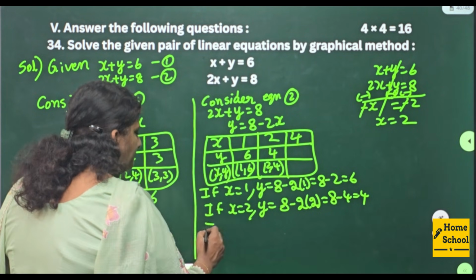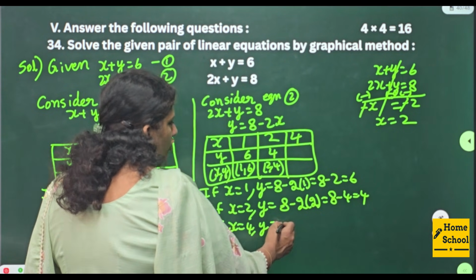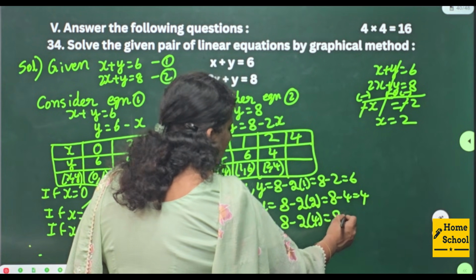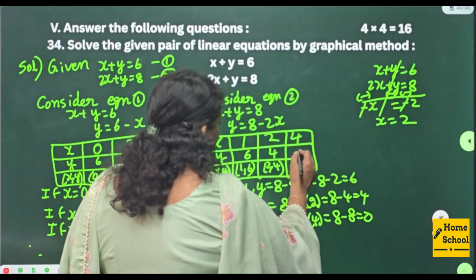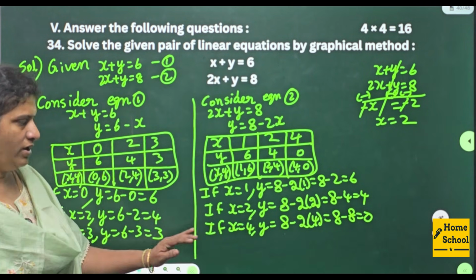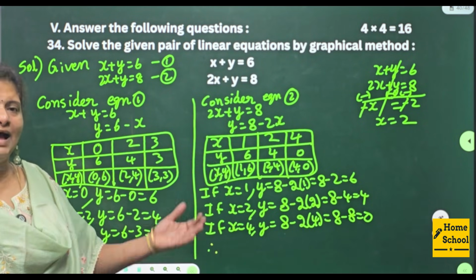One more number. If x is equal to 4, y is equal to 8 minus 2 into 4, that is 8 minus 8 equal to 0. 4, 0. Now here one more line space we need to fill in this.